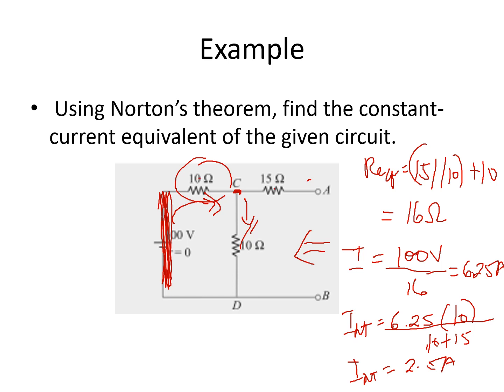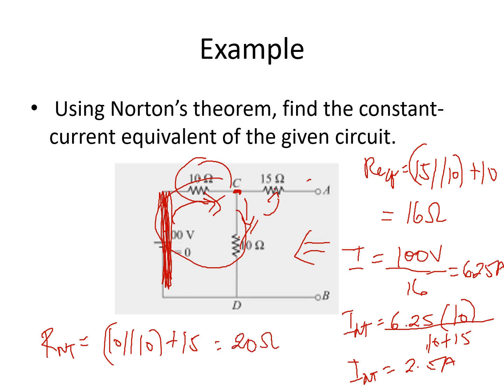This 10 here is in parallel with this 10 here. So let us now solve for your RNT, Norton's resistance. This is 10 parallel 10, and the parallel combination is in series with your 15 ohms there. So 10 parallel 10 plus 15 ohms will give us 20 ohms.